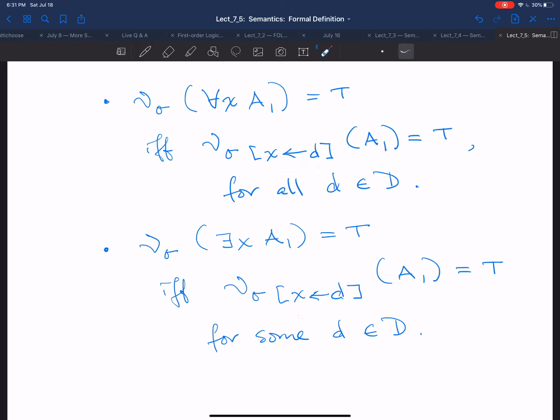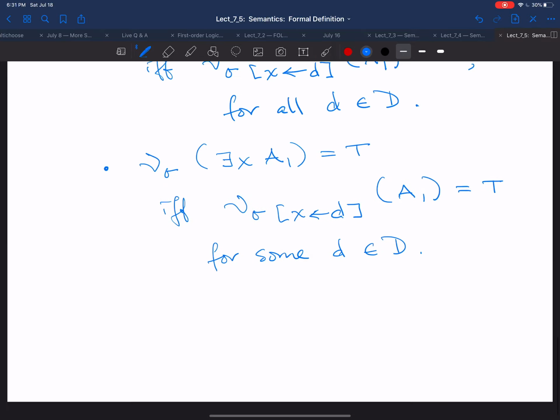So the value that sigma originally assigned to x is immaterial. If all occurrences of x are bound, then the semantics is just going to depend on what happens when we consider reassigning the value of x. So the original value assigned to x by sigma will be immaterial.